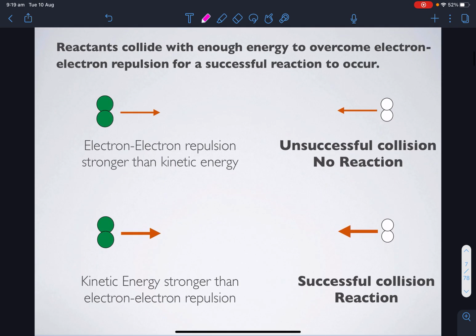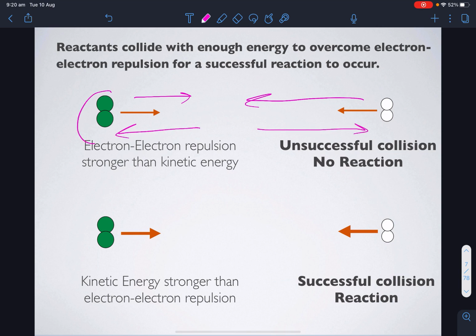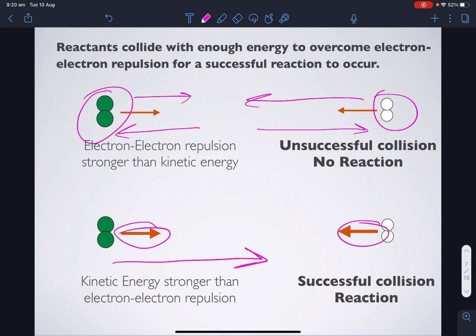Here I've got an animation which is not working in the PDF, but what I was trying to show you is when these come together without enough energy, they get repelled, and they end up just being the green and the white out here. When these come together with a lot more energy, therefore the bigger arrows, coming away you'll get new products forming. So that's the animation in PDF form.